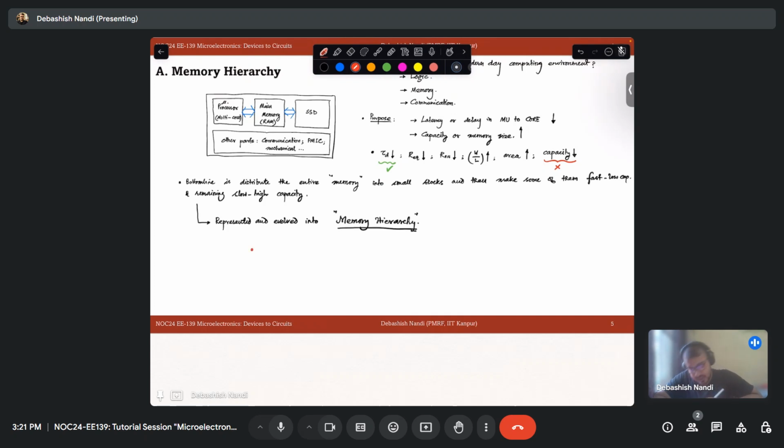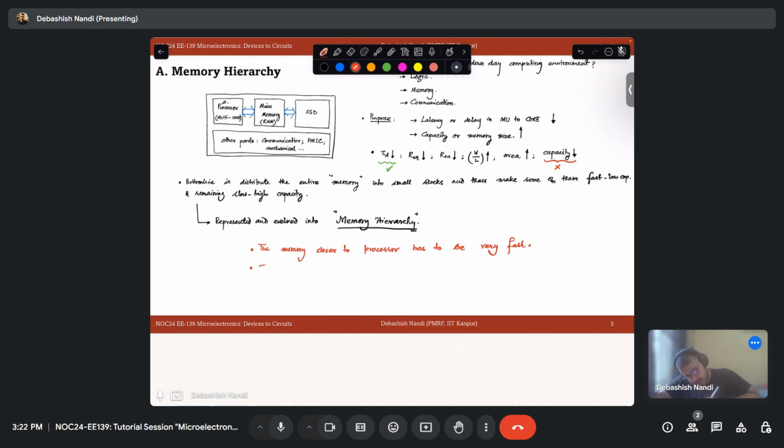First one is that the memory closer to the processor has to be very fast, right? For obvious reasons, because that is where the instructions will be saved and instructions are needed to be fetched out.